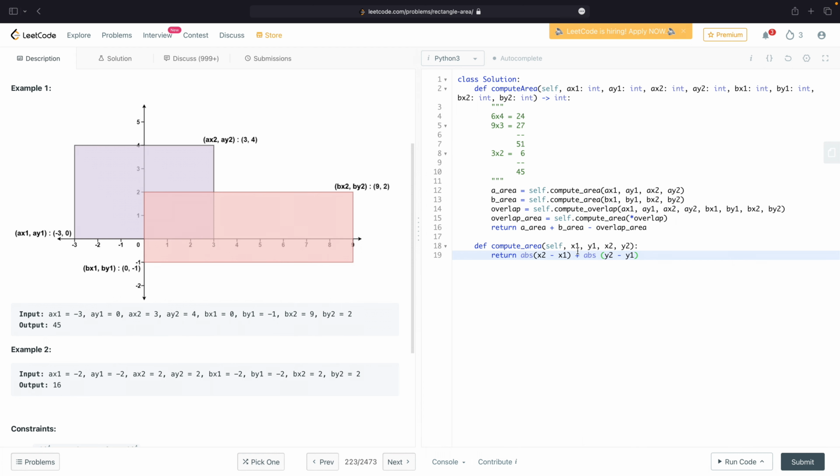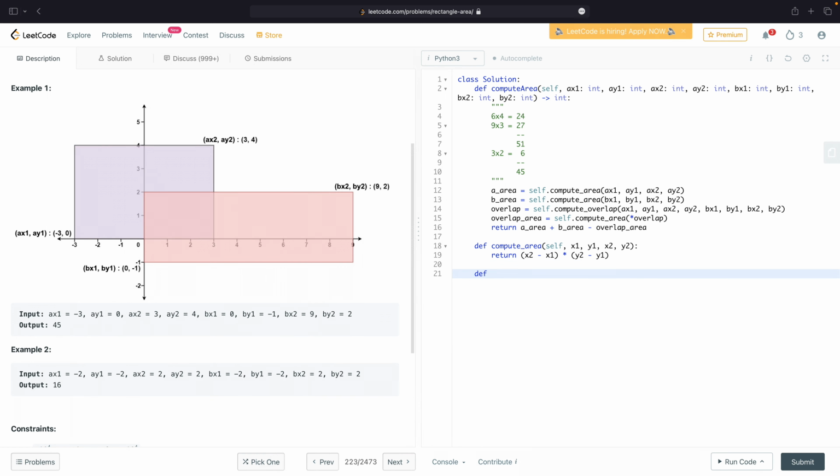Whoops, not plus, times. I'm doing an area. So x2 minus x1, 3 minus minus 3 is 6, and 4 minus 0 is 4. Oh, in fact, I don't need the abs because I know they are in order. So that is the area.